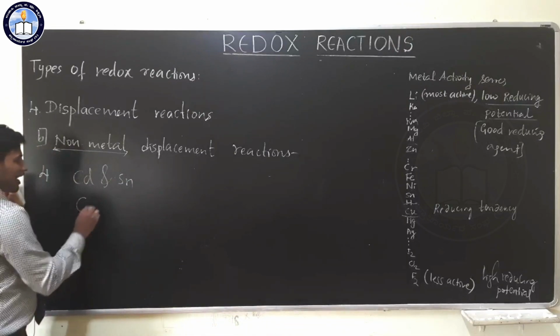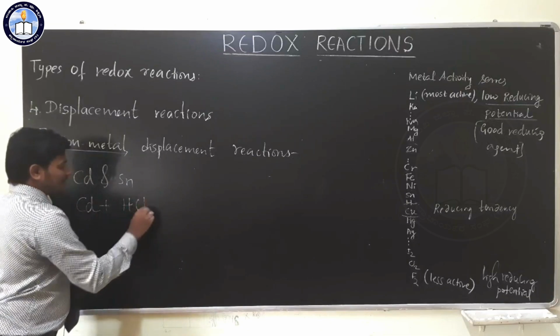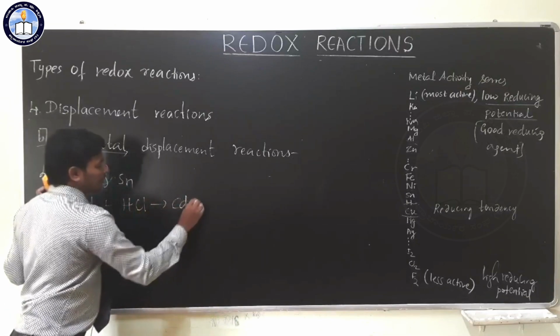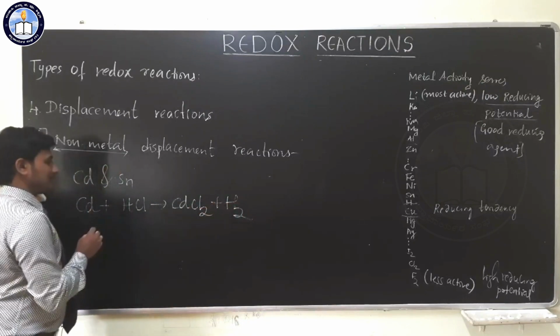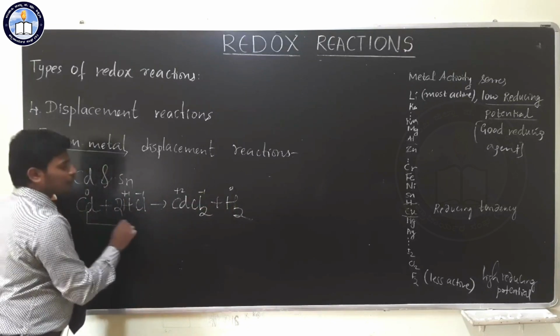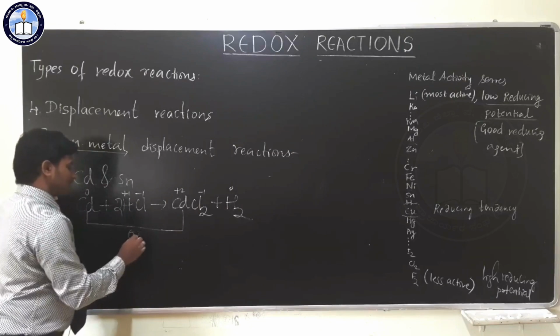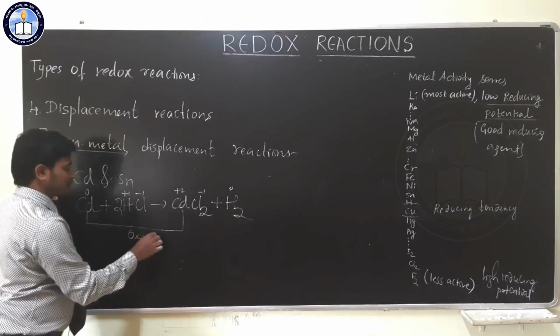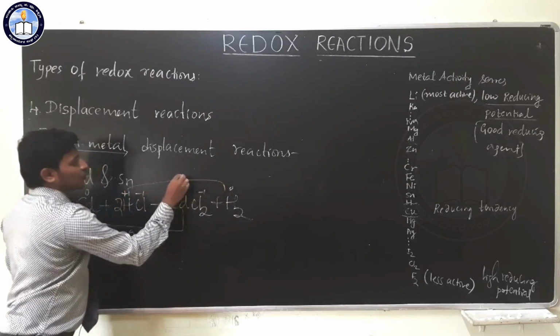So cadmium reacts with dilute HCl, and we get cadmium chloride plus hydrogen gas. Cadmium 0 to +2, an increase in oxidation number, so it is oxidation. The +1 changes to 0, and that is going to be reduction.